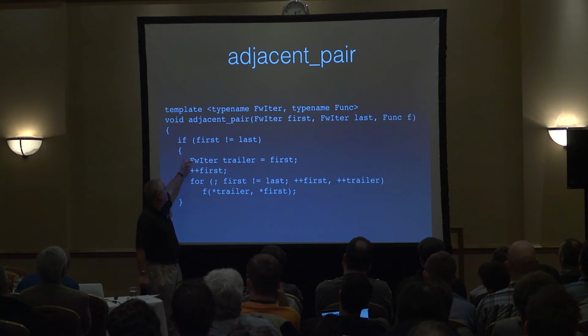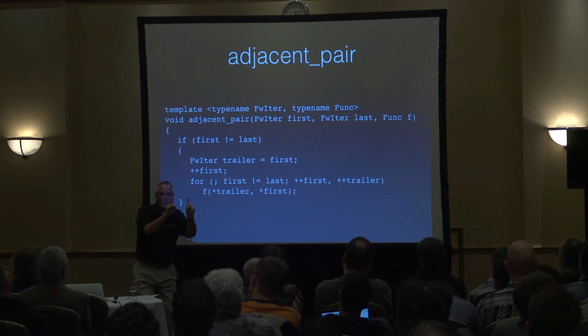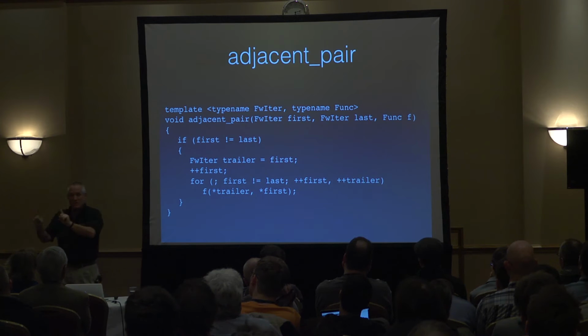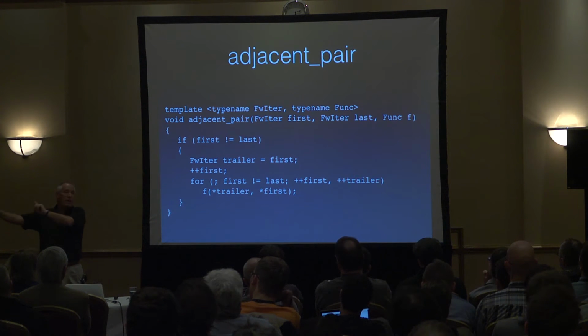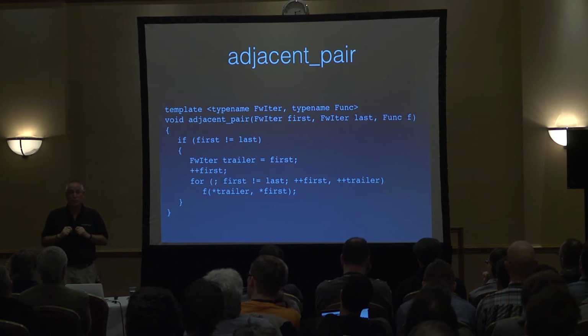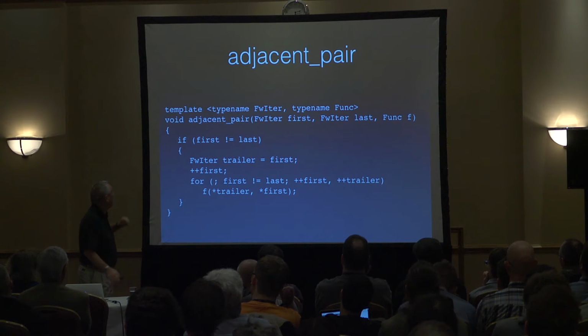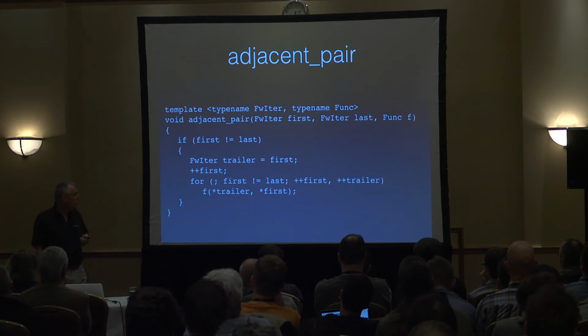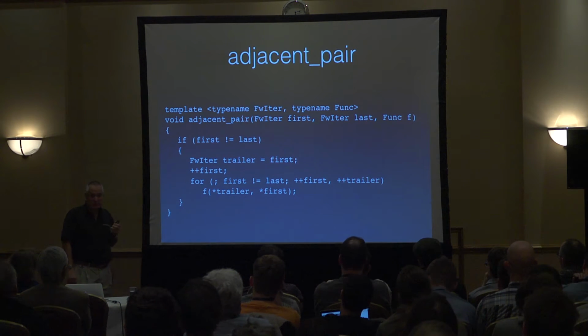We have trailer and first passing over the sequence twice. Okay? Can't do that with input iterators. If I have time, I have slides about how to make this work with input iterators. But this code right here will misbehave badly if you give it input iterators.